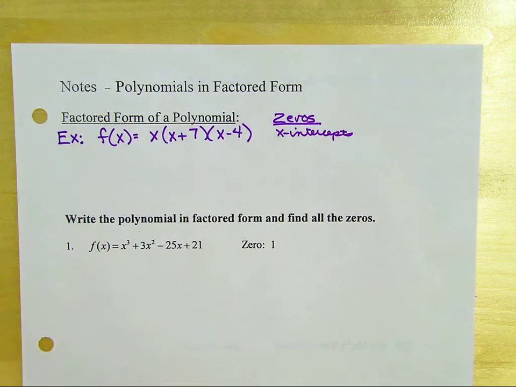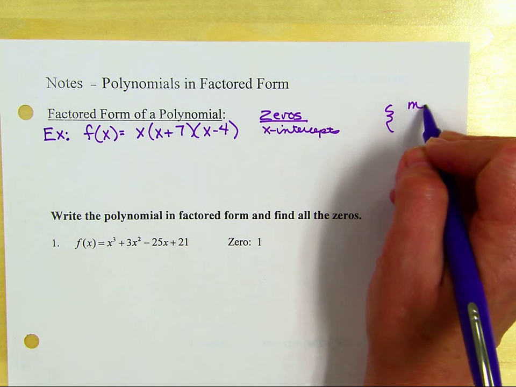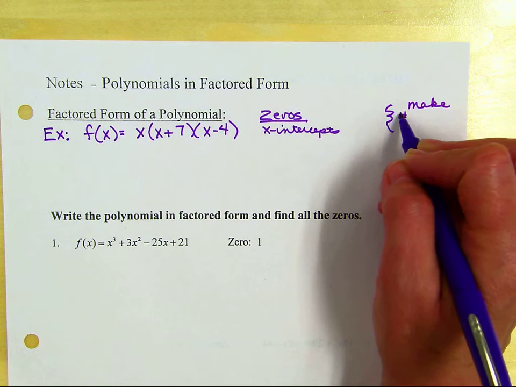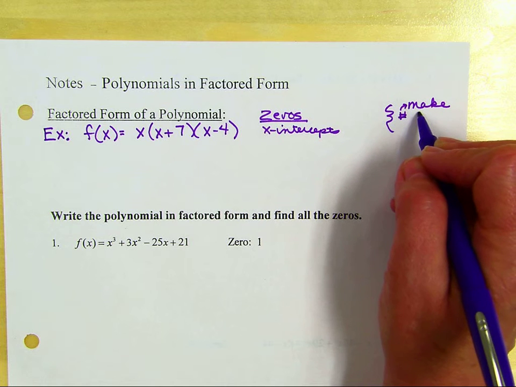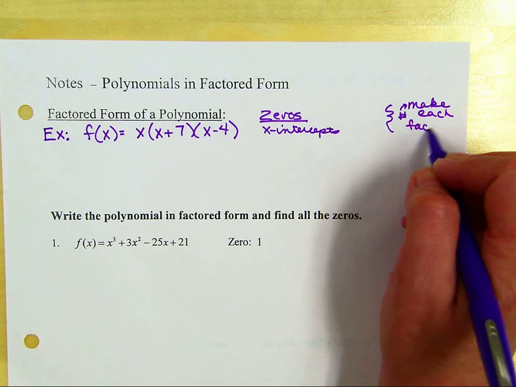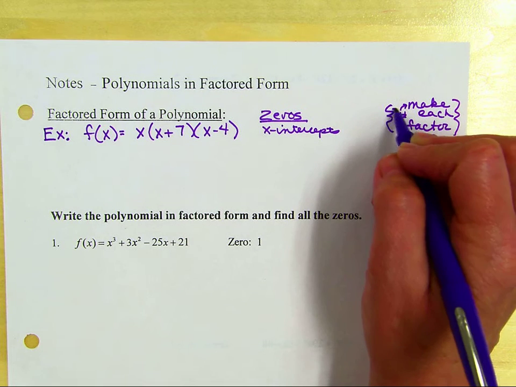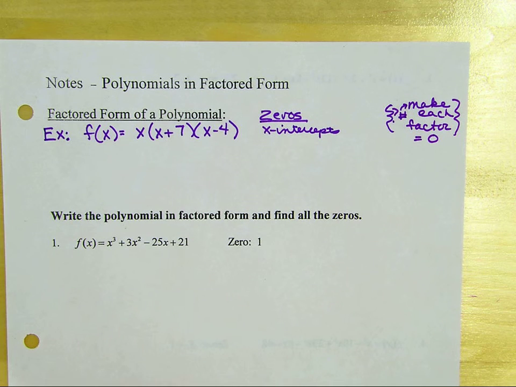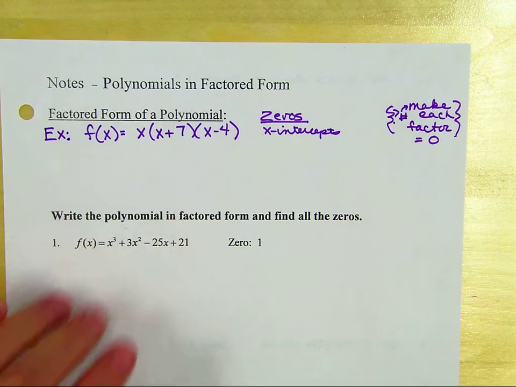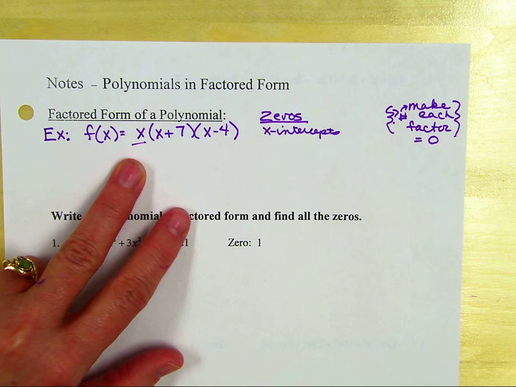So when I'm asking for zeros, I'm asking myself, what number would make each factor equal to 0? Okay, so when I'm looking here and I'm trying to find my zeros, what would make x equal to 0?